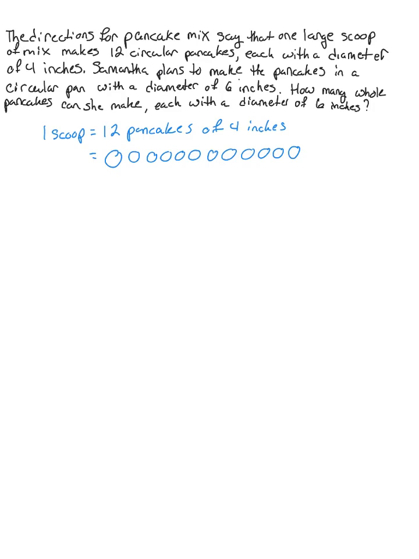Here we know that the area of a circle is pi r squared, but here we're working in terms of diameter. So we need to make a substitution. The radius is the diameter divided by 2. Then this will give us pi d squared over 2 squared, which is pi over 4 d squared.